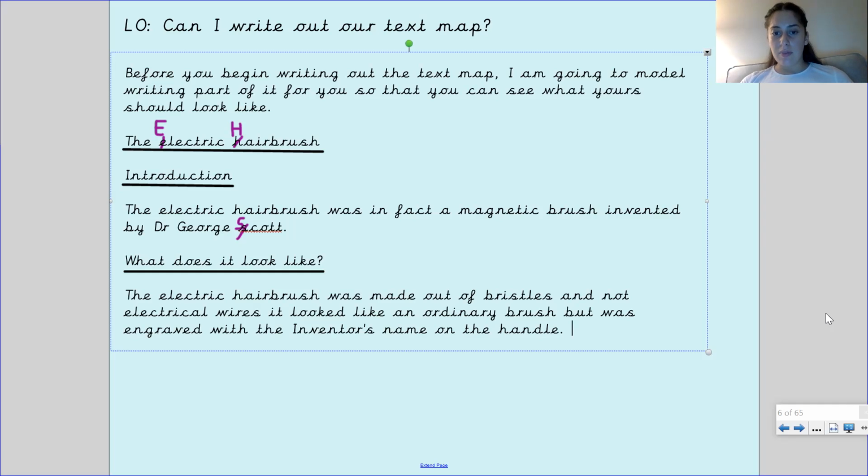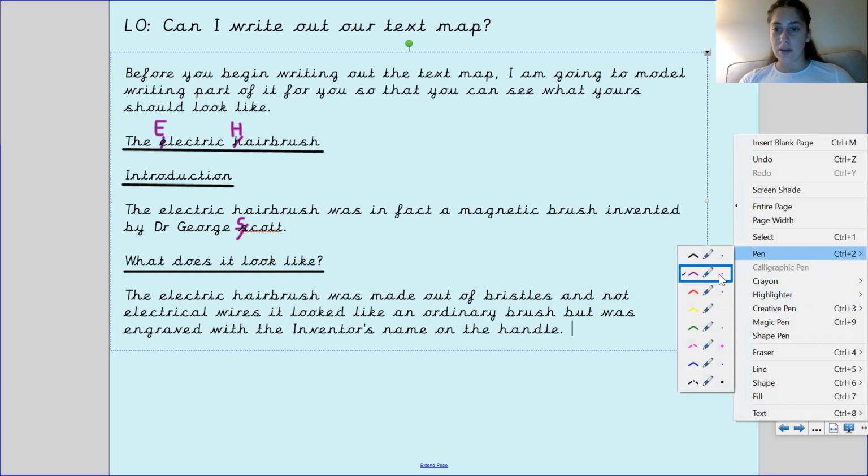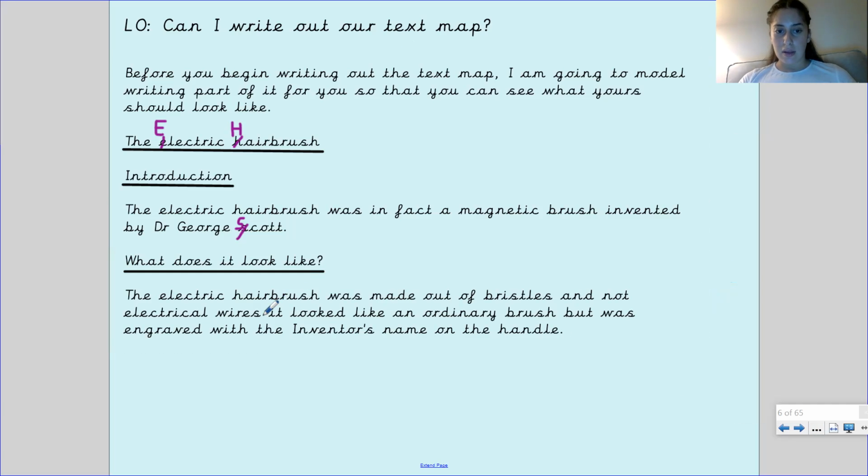The electric hairbrush was made out of bristles and not electrical wires. That's where my first sentence ends. So what have I forgotten to include? A full stop. As a result of me forgetting to include the full stop and end my sentence, what have I forgotten straight after? I forgot to start my next sentence with a capital letter.